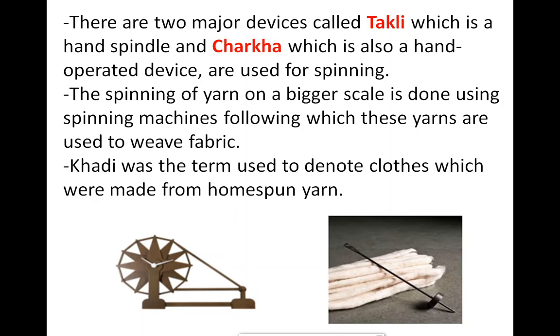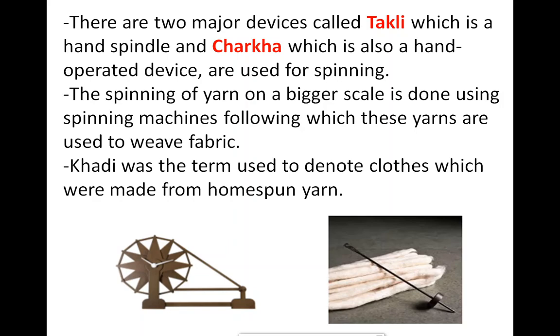So with the help of these two devices, the takli and charkha, we do the spinning of cotton yarn, after the ginning process. After the ginning process, we separate the cotton balls from the cotton seeds. So there is the mass. Mass means all the cotton balls together form a mass.